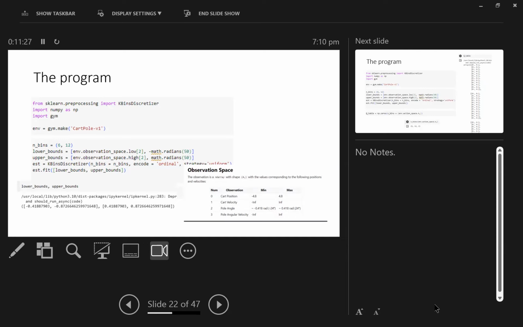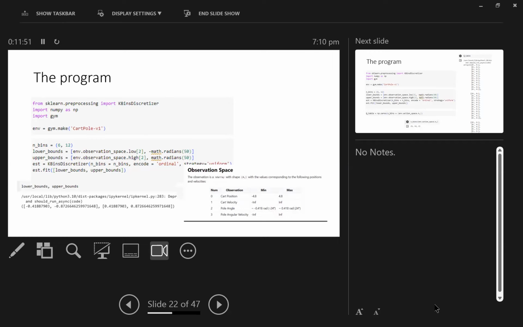So we will only use the last two states. And for these last two states, we have a problem, namely that they are continuous numbers. Basically, you can have many possible values for each of these states.